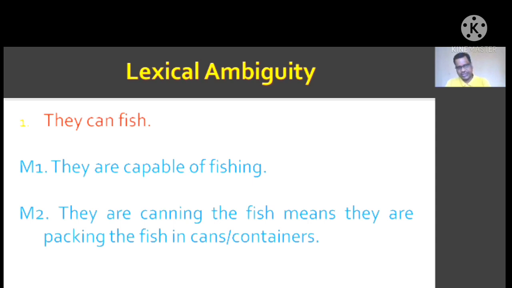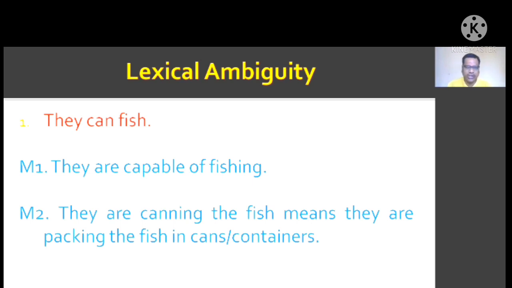So here you get the meaning. They can fish means they are canning the fish, that means they are packing the fish in cans or containers. Here the meaning of can is capacity, and another meaning of can is packaging something into containers. So these are the two meanings of the word can.